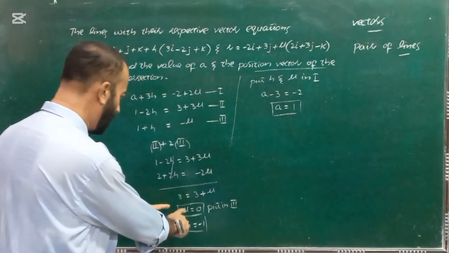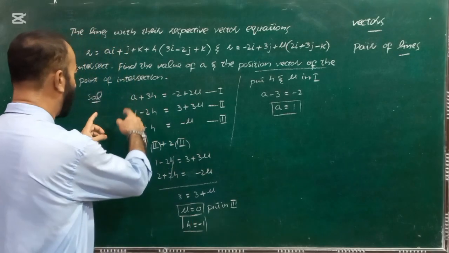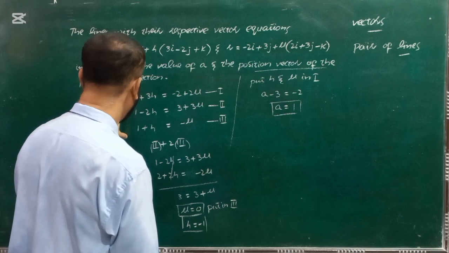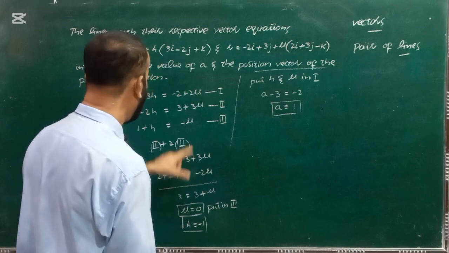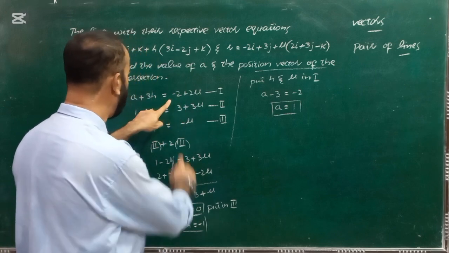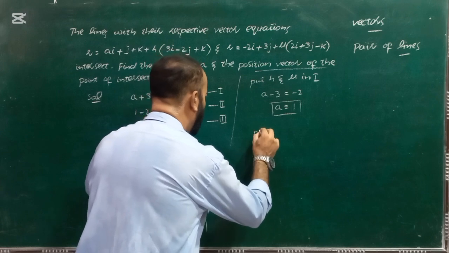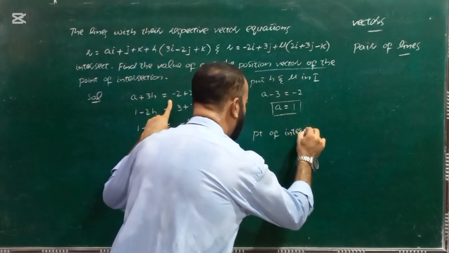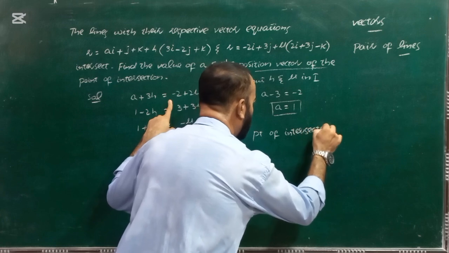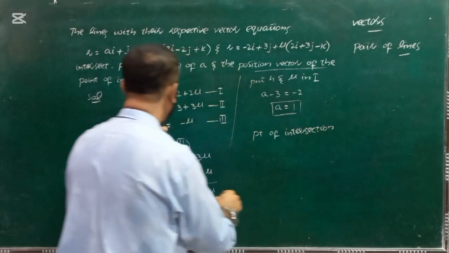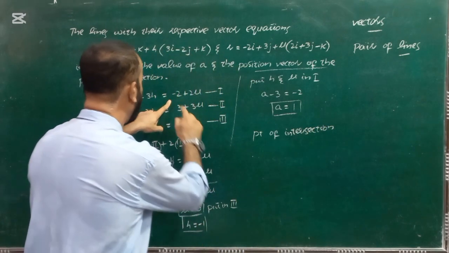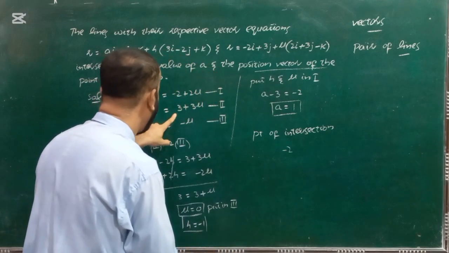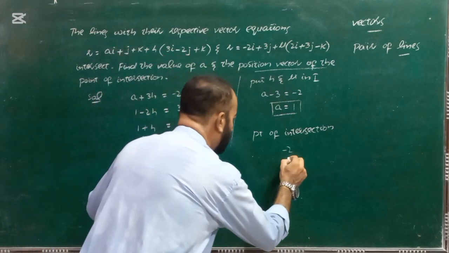Now putting lambda and mu in either the left side or the right side. If we put mu on the right hand side, the point of intersection will be minus 2, 3 and 0.